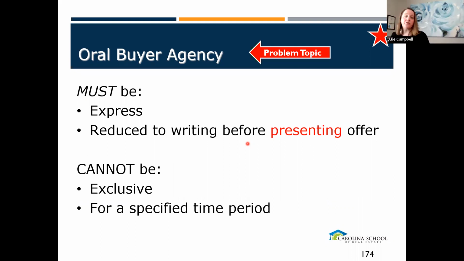So let's understand a few things having this conversation. One thing we're going to learn in Unit 8 is that I cannot perform a single service for an owner of a property without first getting my agency agreement in writing. And when I say owner, I'm referring to a seller in a for sale situation.